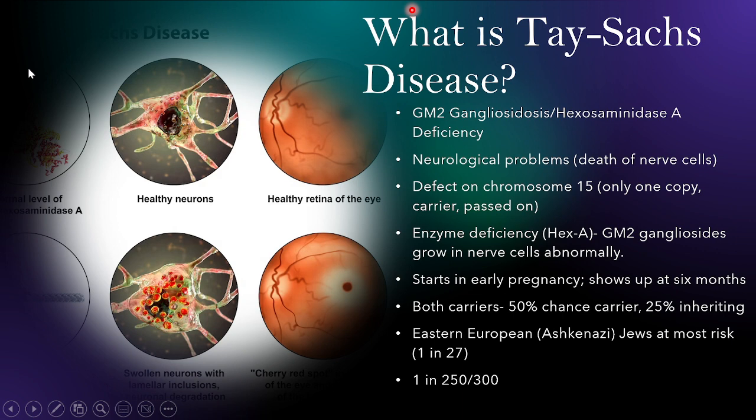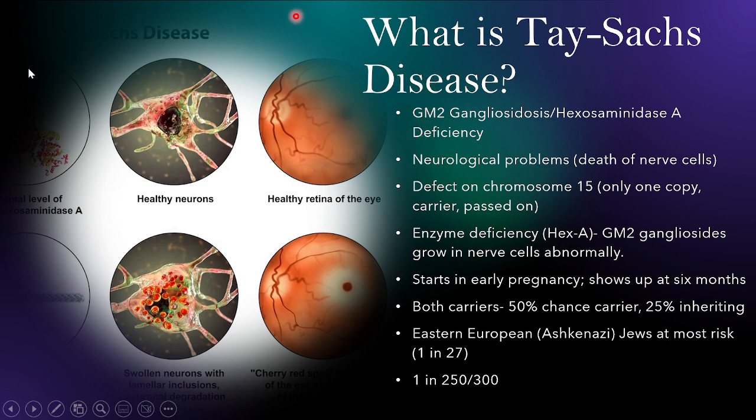Now, there's something called hexosaminidase A, which is found in lysosomes. This is also an enzyme. Since there's a deficiency of this Hex A, the GM2 gangliosides, which are found in cell membranes and are also lipids, or a fatty substance, grow in the nerve cells abnormally without this enzyme.